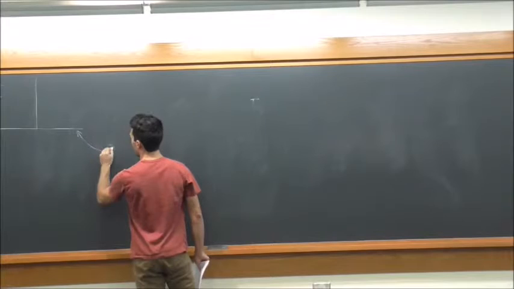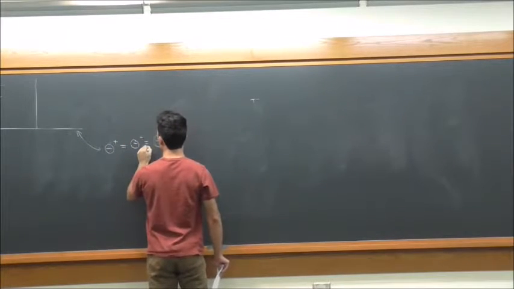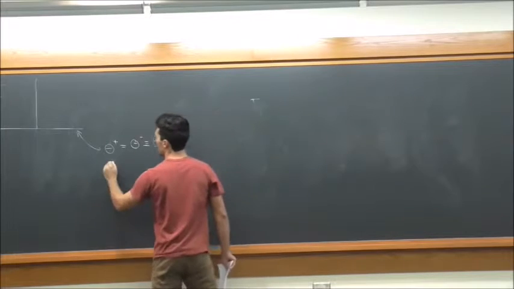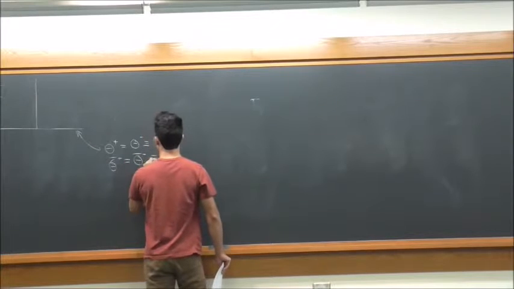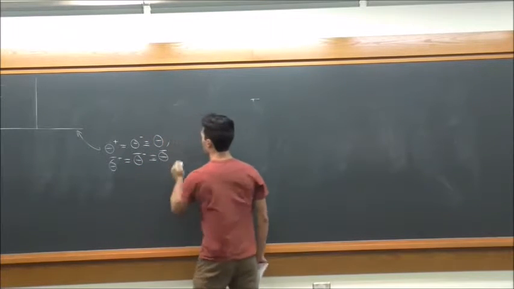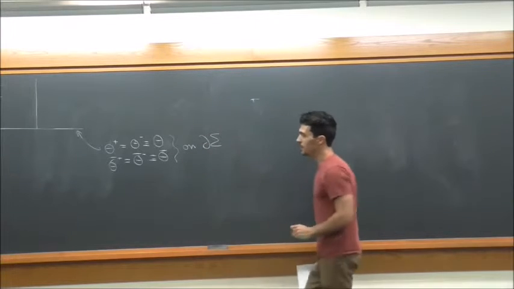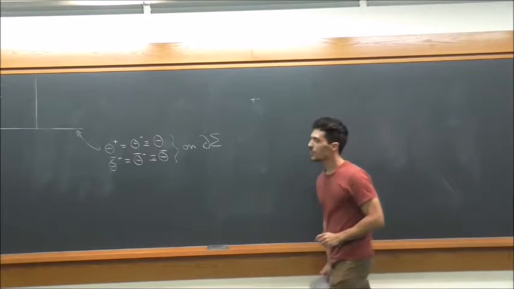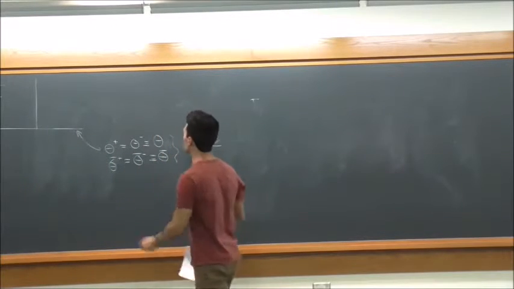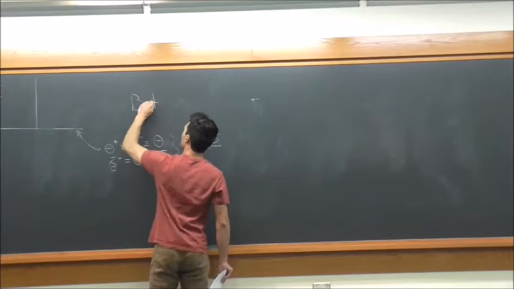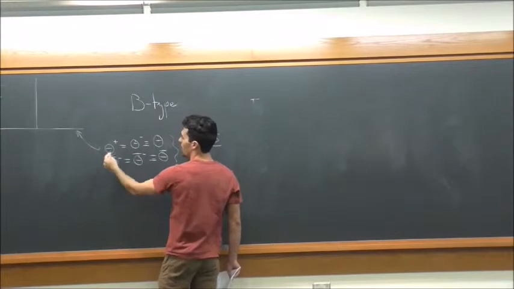In that case for us, it's going to be this. This is B-type supersymmetry, and also the same thing for the bars. On this sigma, we can have something like B-type, this is called B-type boundary conditions, or we can have A-type, where we mix the bars with the non-bars.